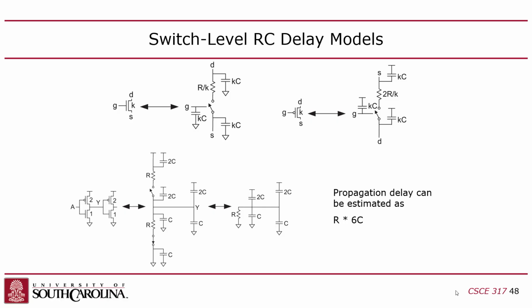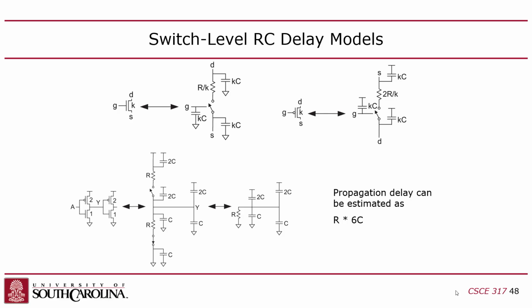So this capacitor actually doesn't count because you're guaranteed that both sides of this capacitor are just grounded, so it doesn't affect your delay. The only capacitor here that affects you on this NMOS is the drain capacitor, because it's the one that's connected to the output of the gate and it goes to ground. So you only have to count this guy. Does it make sense? You don't count the source capacitor, only the drain capacitor.